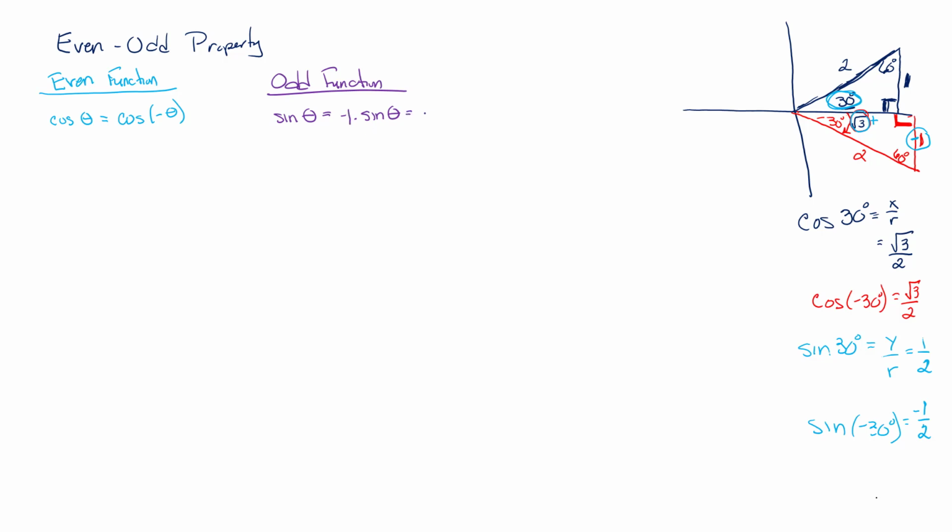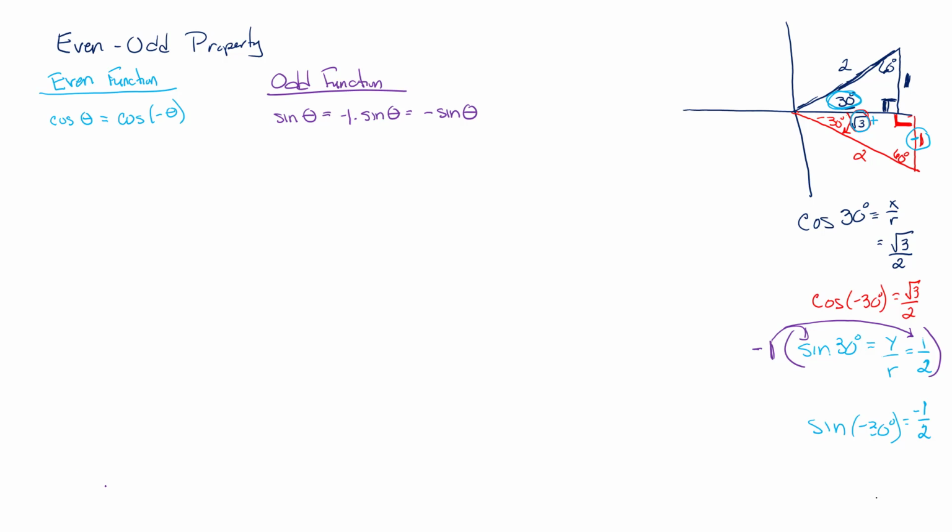So we just simply write negative sine of theta. Because if I took this sine of 30 degrees and I multiplied it by a -1, what I do to one side, I would have to do to the other, wouldn't I? Which is why it's written this way. So far, so good? Okay.